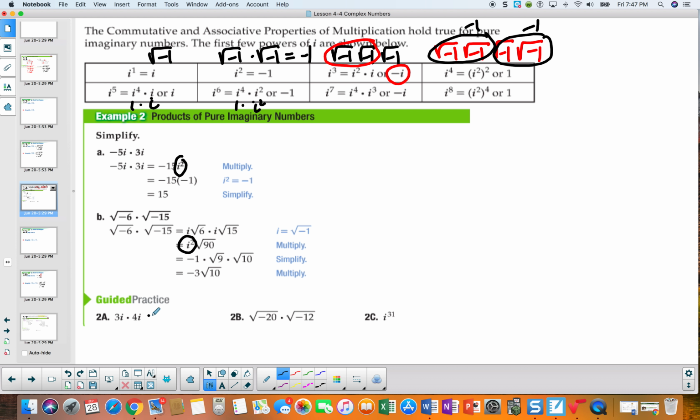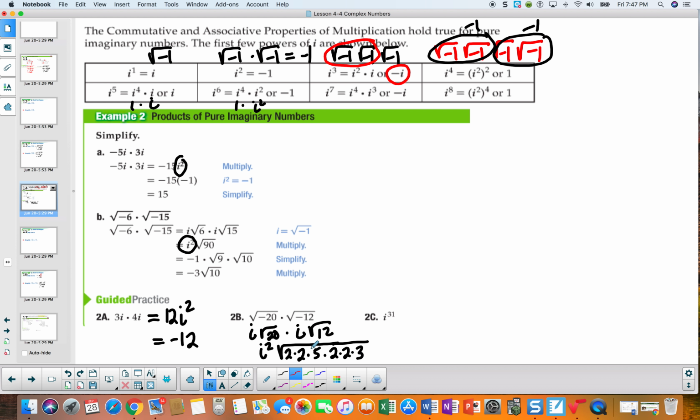Okay, what about this one? Well, this is going to be 12 i squared, and up here i squared is negative 1, so we can call this negative 12. Now this is going to be i times root 20 times i times root 12. So this is going to be i squared, and we are going to have a 2 times 2 times 5, and then 12 is 2 times 2 times 3.